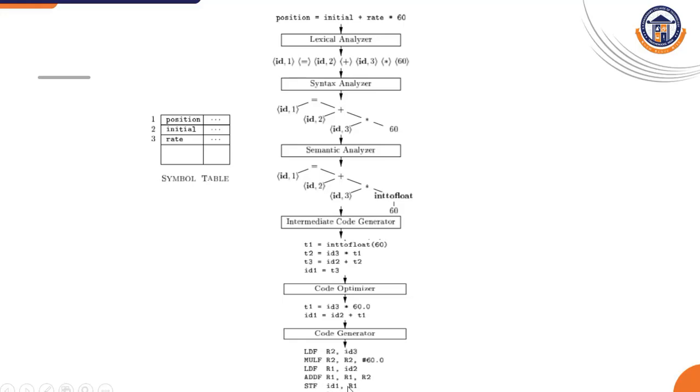Finally, the content of R1 should be stored into id1. This is done by STF, store float. So this is how the statement position = initial + rate * 60 is converted into assembly language. This instruction is processed through all the phases of the compiler. In the last phase, it produces assembly level code.